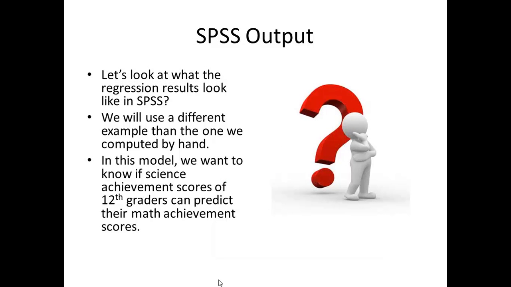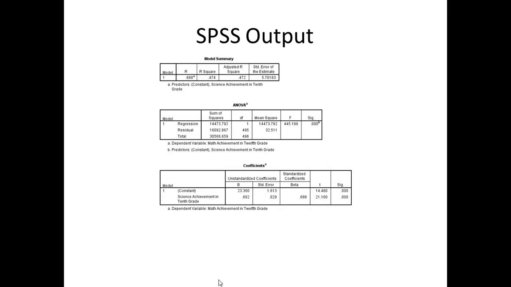All right, so let's go through an SPSS. We're going to use a different example than the one that we computed by hand. Let's say we want to know if science achievement scores of 12th graders can predict their math scores. This is what we'll get when we run a regression in SPSS.